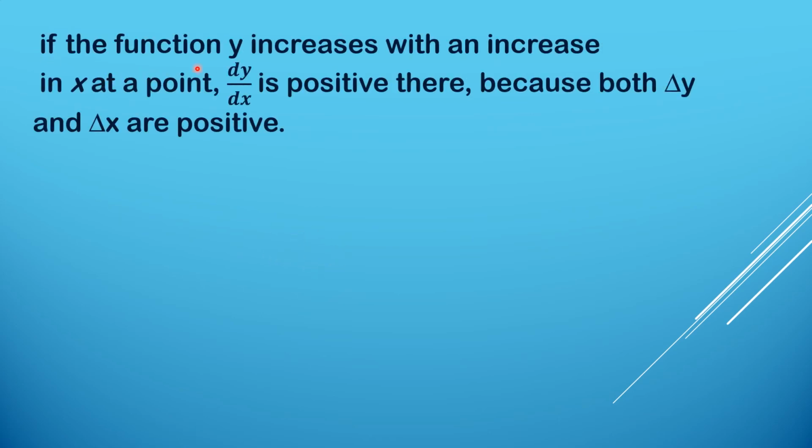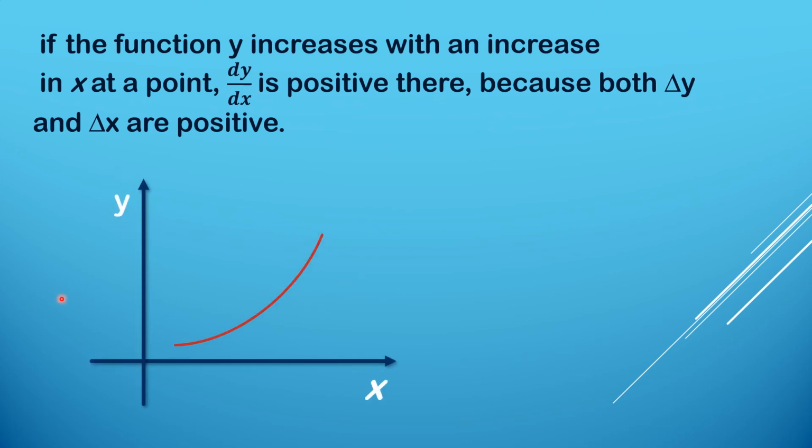And something important about this differential calculus or the rate measurement property is that if the function y increases with an increase in x at a point, then dy by dx is positive. So let's see how. As you see in this graph, as I increase x, y increases.